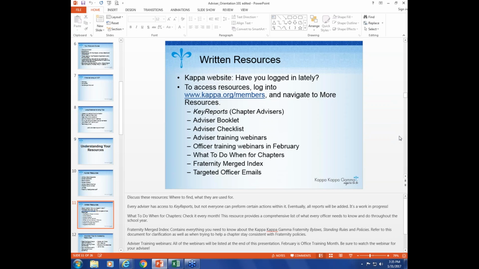I want you to go to that and look at it. There's an advisor checklist. Also, under the advisor tab on the blue bar page, there are some more webinars. We're going to get to the officer training webinars in February, but most of you should probably already know about those.